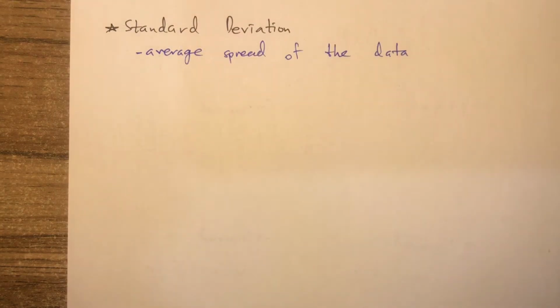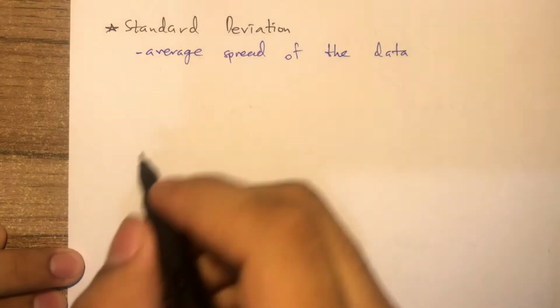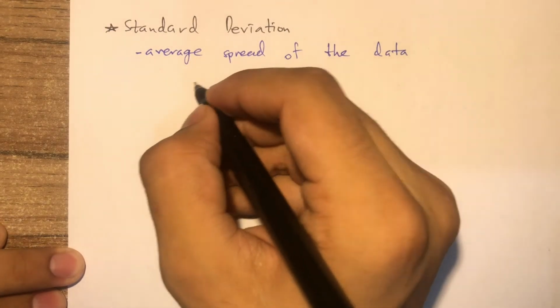So as we did, the second disadvantage of the mean was that it can sometimes be unreliable depending on the data. So to make it more reliable, with the mean the standard deviation is stated. The standard deviation represents the average spread of the data, right? Now if the data is highly consistent, like we had the 5 5 5 5, then standard deviation will be 0.